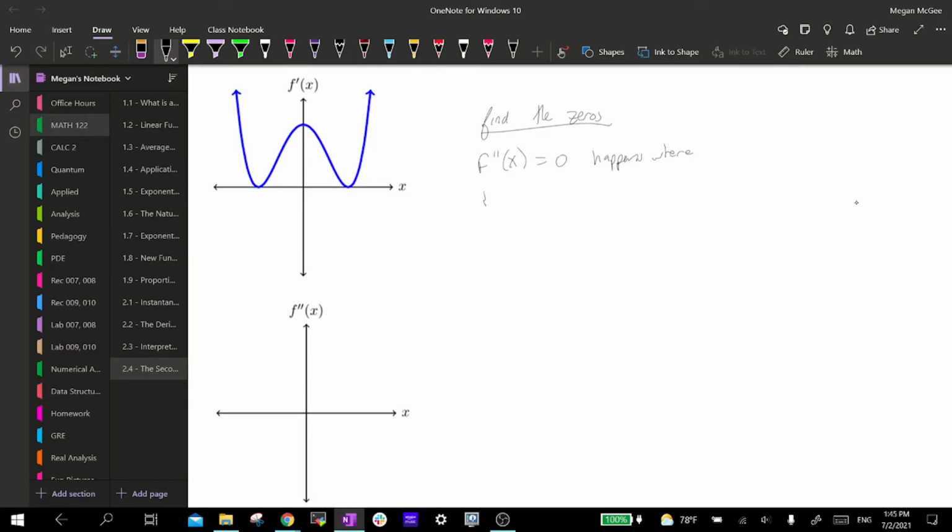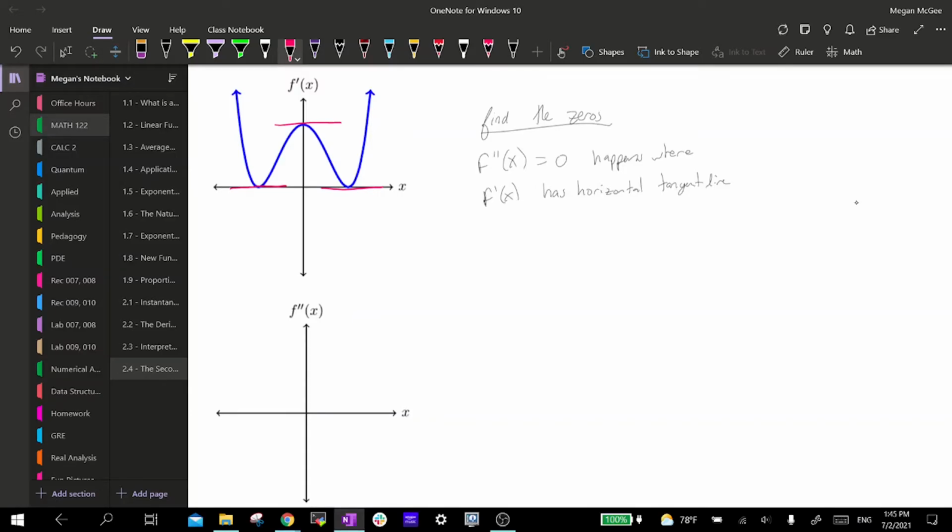where f prime has horizontal tangent lines. Right? So let's see, I can find 1, 2, that was a really bad drawing, but you get the picture, right? 2, 3 places where the derivative has horizontal tangent lines.